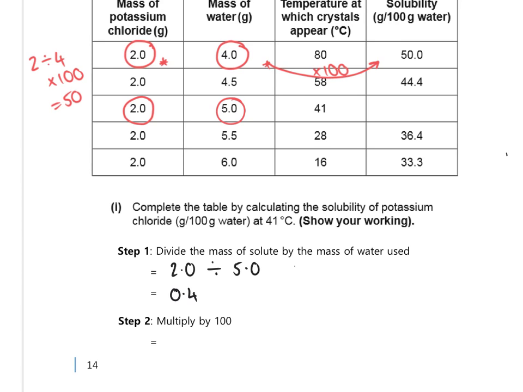Then our next step is to multiply that by 100. 0.4 times by 100 is 40 grams per 100 grams of water. And I can fill that in my table, 40.0.